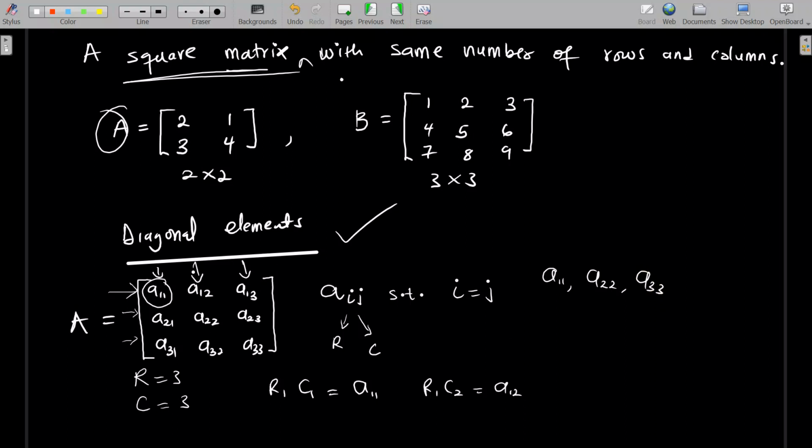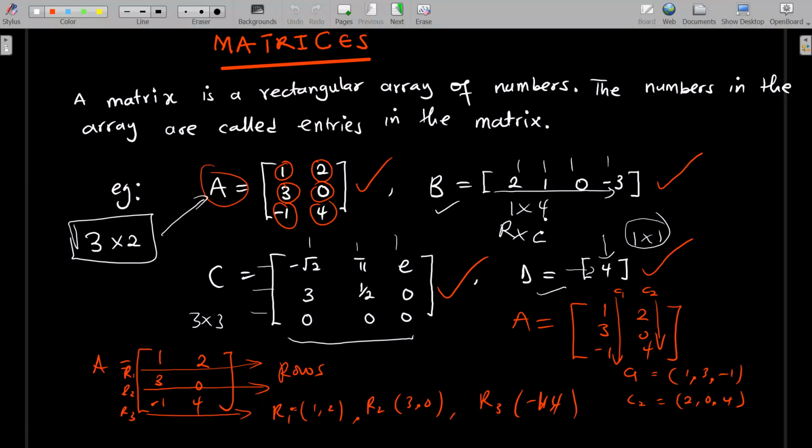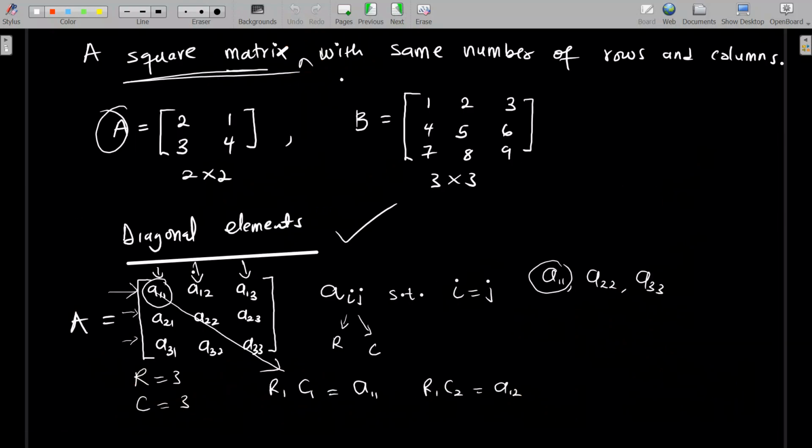If you had a 4 by 4 matrix, then you would also have an A44 at the end. To talk about the diagonal, mostly I have to have a square matrix like this. All the entries in this diagonal are the entries we refer to as the diagonal entries or the diagonal elements of a matrix A.